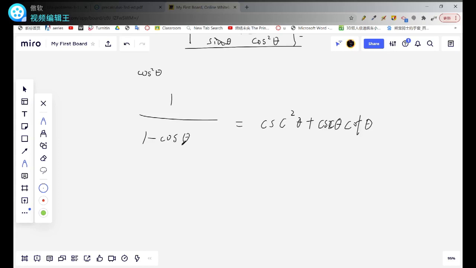Okay, so we first want to simplify this. This is basically just 1 over sine squared plus 1 over sine squared theta times cosine theta over sine theta.